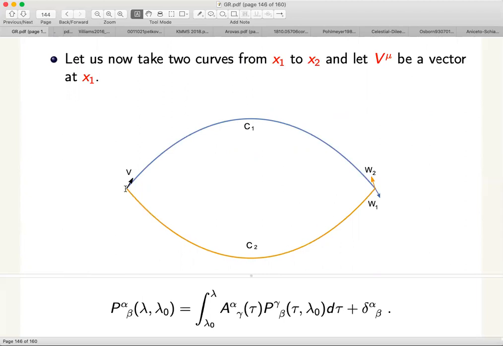I parallel transported it along c1, holding it constant, and brought it to point x2, and that gives me w1. And I parallel transported it along c2, holding it constant, because that's what parallel transport means, and it gives me w2. These are the two vectors that I get by following two different paths.